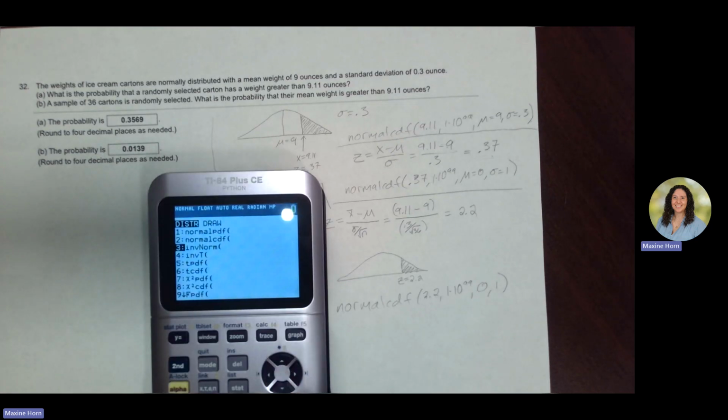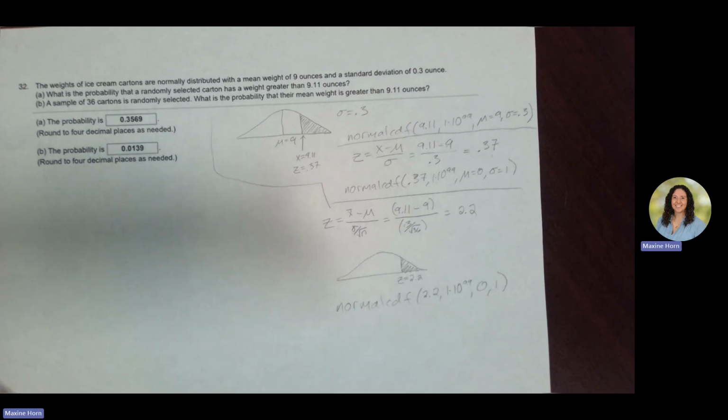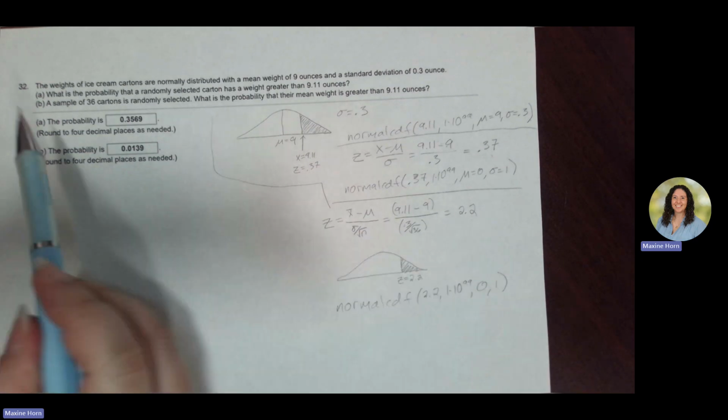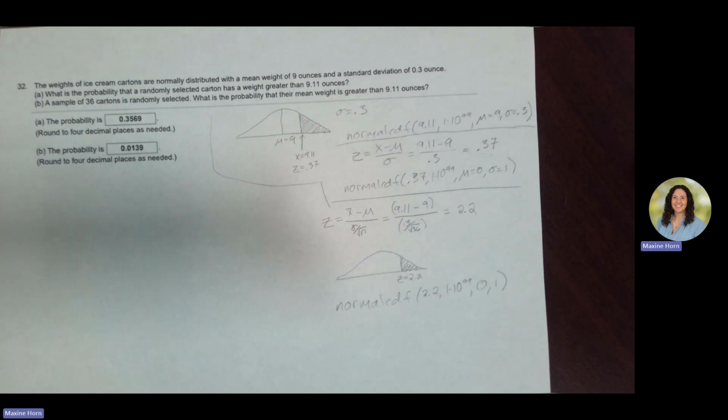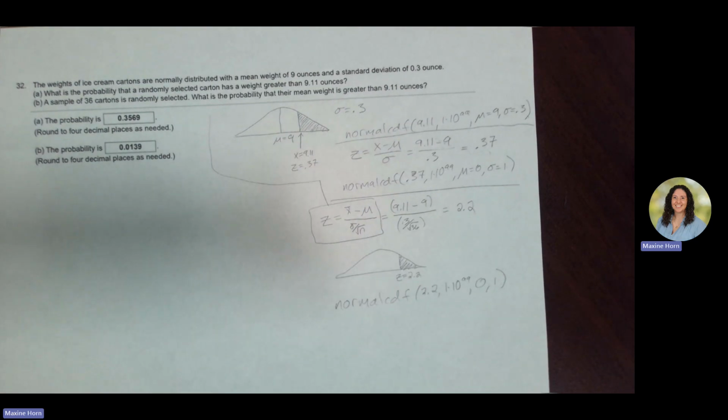Second vars, normal CDF, 2.2, 1 times 10 to the 99th, 0 and 1, and that's how we're getting that 0.0139, okay? So these last couple of problems, there were only 2 of them, but you can see how you do part A very differently than you do part B. So you do need to have this formula memorized so that you can do that.